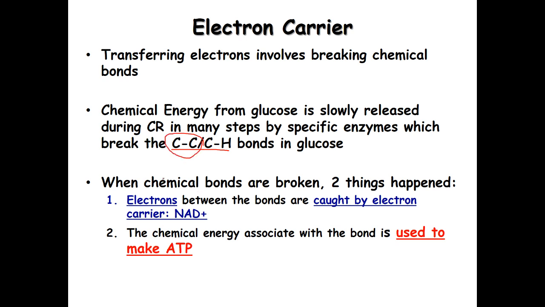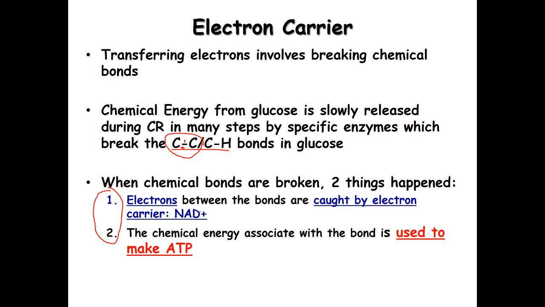So now here's a key thing to remember. When you break a chemical bond, like a carbon-carbon single bond, two things happen. Number one, between these carbons you have two electrons, since it's a single covalent bond, so they're sharing electrons. When you break this bond, the electrons won't be shared by these two atoms anymore.